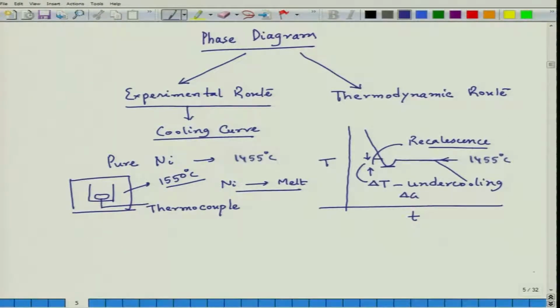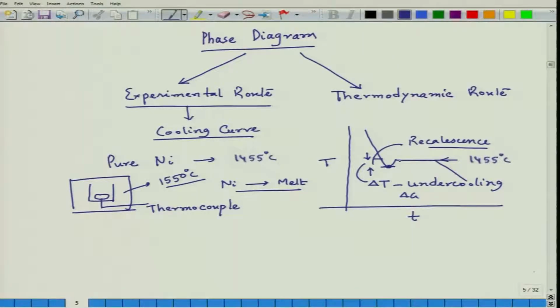And once the first nuclei form, since the solid is forming, it has to eject the amount of latent heat which is required for solidification.